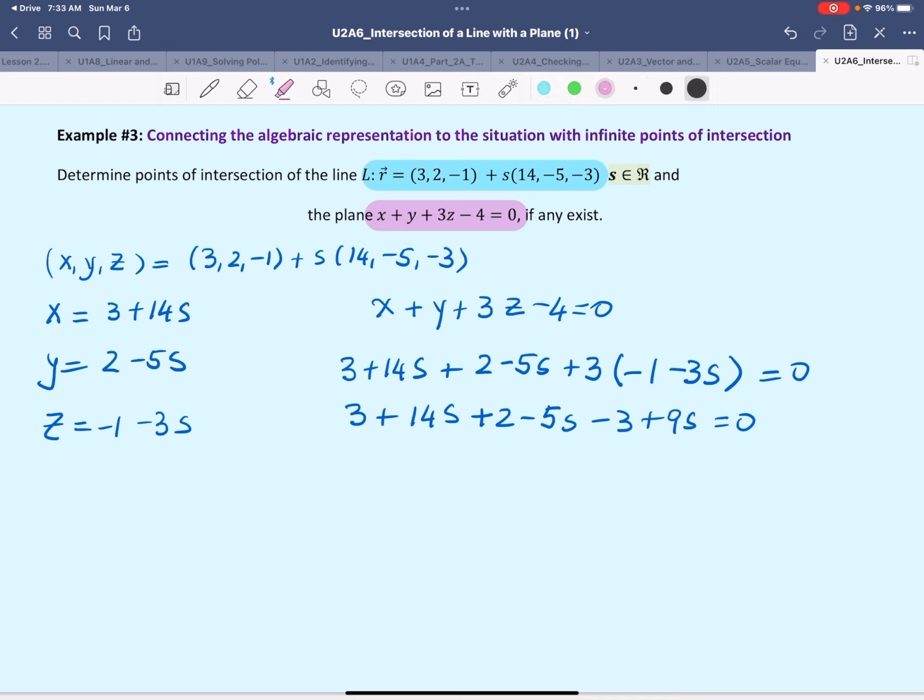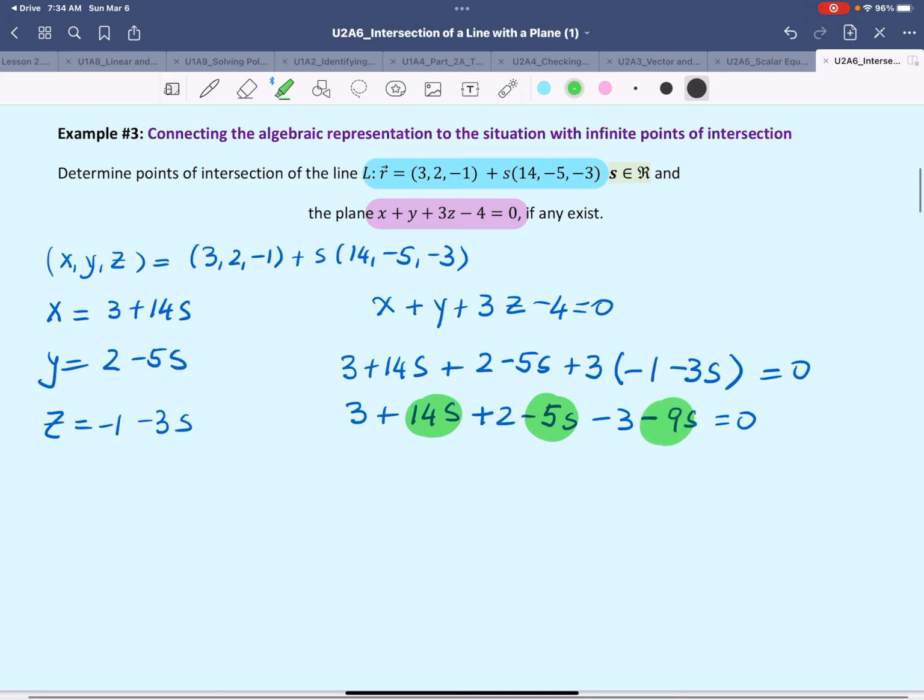Calculate terms. So we have 14s, negative 5s, and negative 9s. So that will give 0s equals, and here we have positive 3, positive 2, and then negative 3.